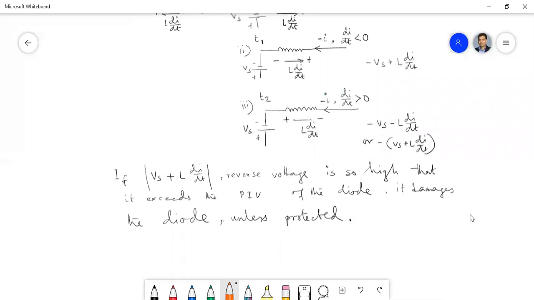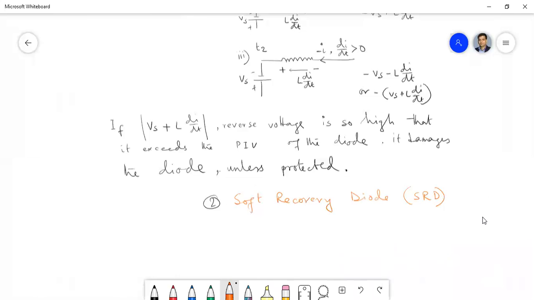that is called the soft recovery diode. So two is called the soft recovery diode. Okay, or in brief you can write SRD, soft recovery diode.